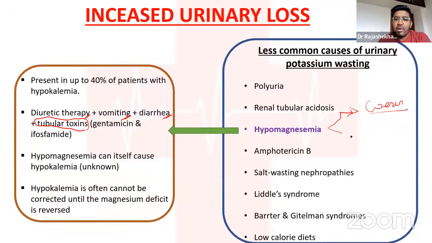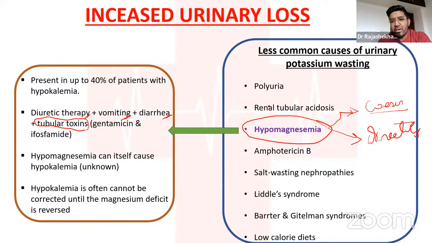And hypomagnesemia by itself can directly cause hypokalemia, although the mechanism is unknown. So hypomagnesemia is a condition which can cause both hypokalemia and hypocalcemia in your patient.